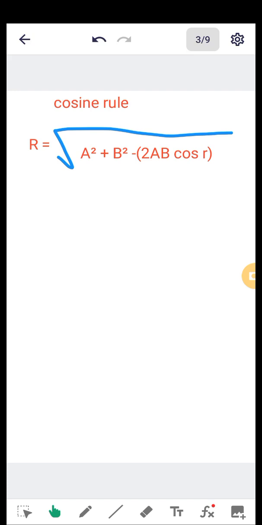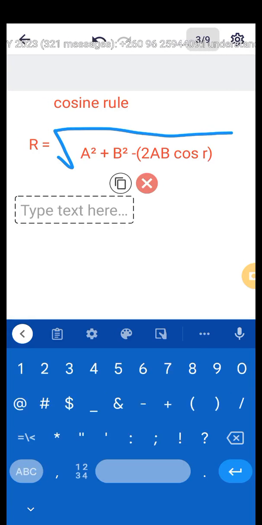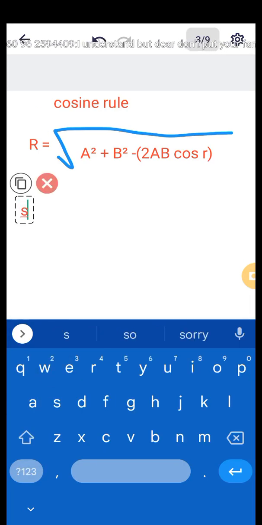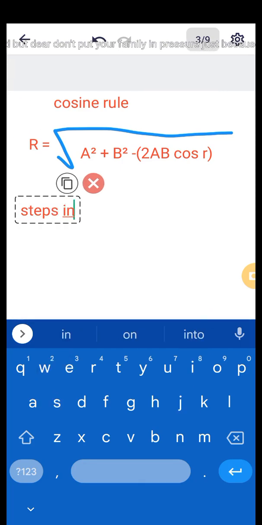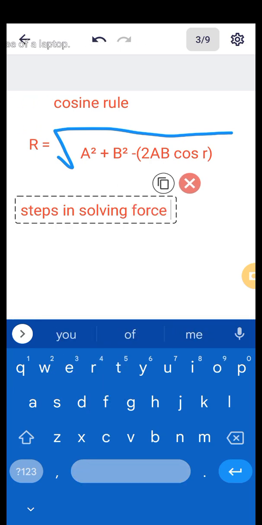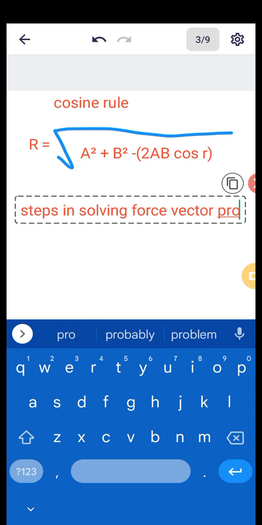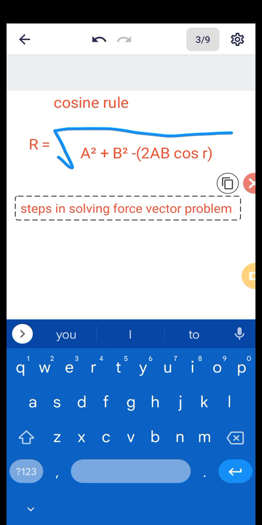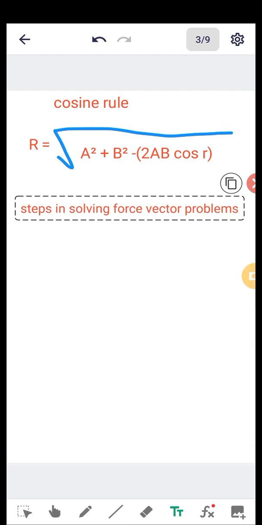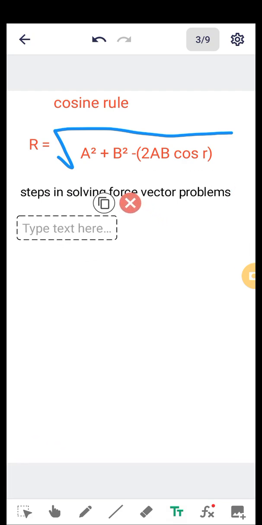Now a quick review on how you'll be solving problems. Steps in solving force vector problems. This will just be a review.